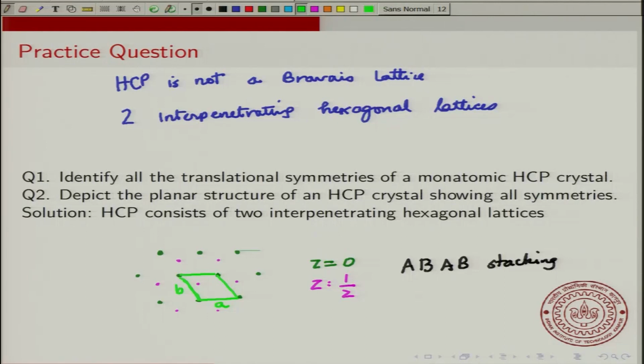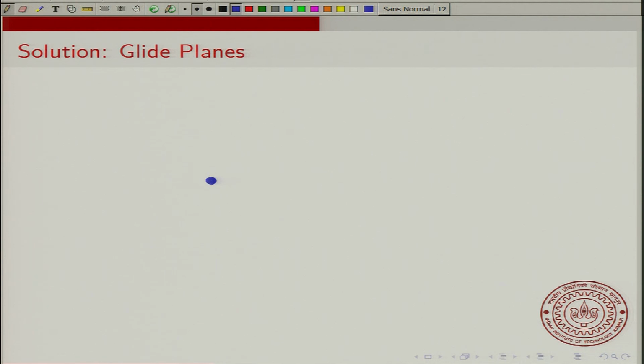Now let me show that unit cell here. So, this is at z equal to 0, and then at z equal to half, you have one atom that is located right here.